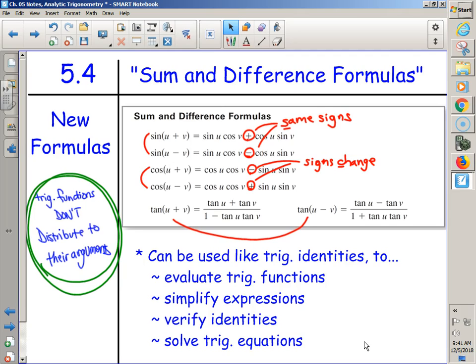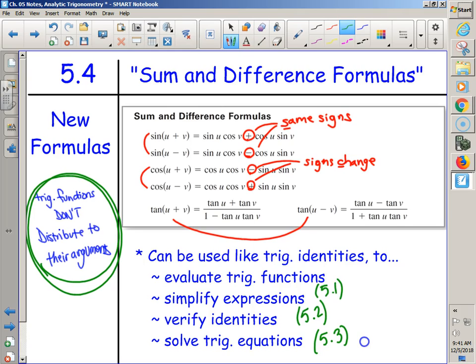How do we do 5.1 skills with formulas? How do we do proofs with new formulas? How do we solve equations with new formulas? It's all the old stuff. This is section 5.3. How do we do 5.3 with new formulas? This is 5.2. How do we do 5.2 with new formulas? This is 5.1. How do we do 5.1 with new formulas? This is, I don't know, unit circle?